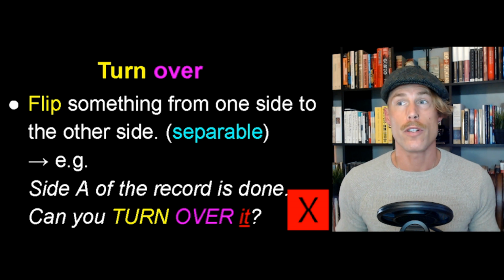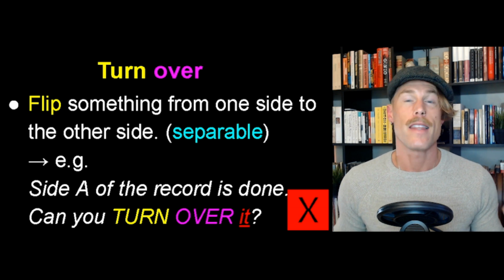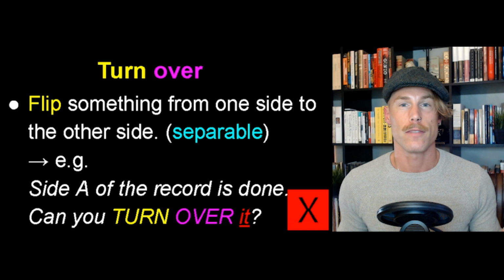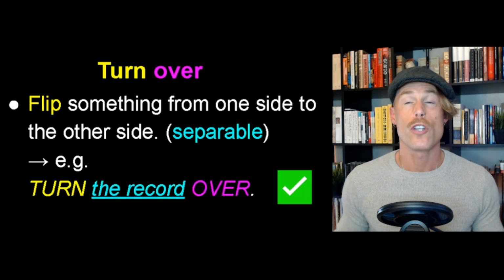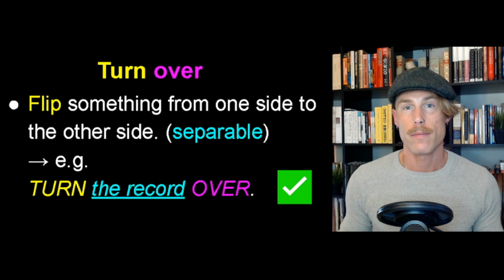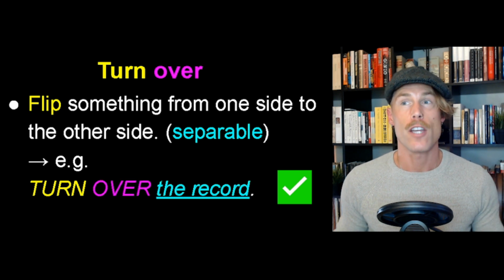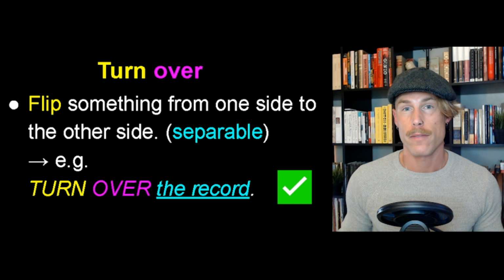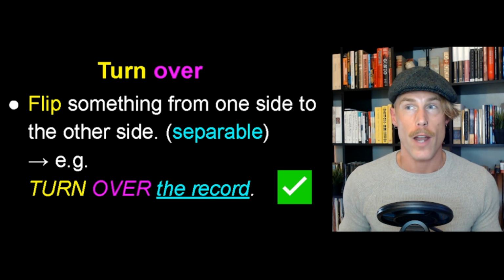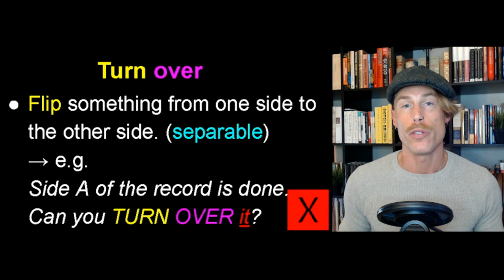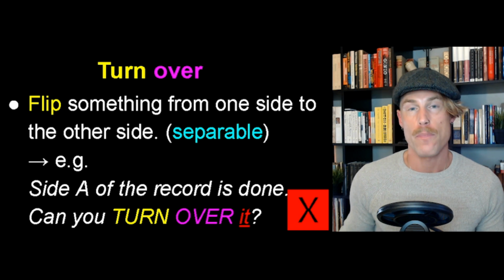Can you turn over it? This is not correct, okay? But I can say turn the record over, and I can say turn over the record. Both of those are correct, but we never use it after the phrasal verb.